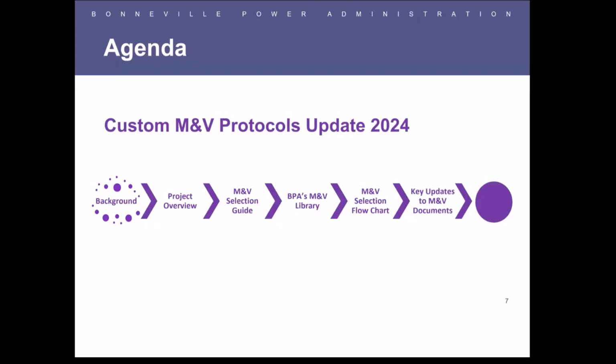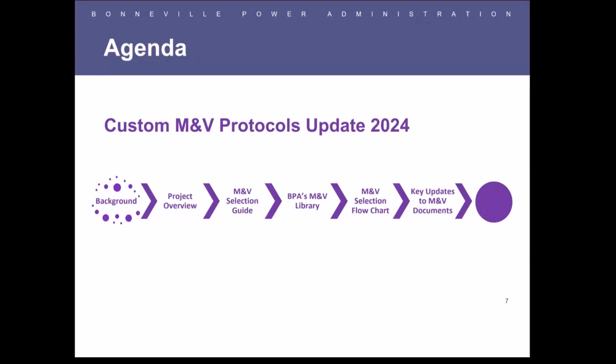Then we're going to look at the M&V selection guide, which did have a heavy lift in terms of update on that document. So we're going to go through that in some detail. We're going to talk about BPA's measurement and verification library, what is included in the library, and how the hierarchy works as it is conveyed in the M&V selection guide.